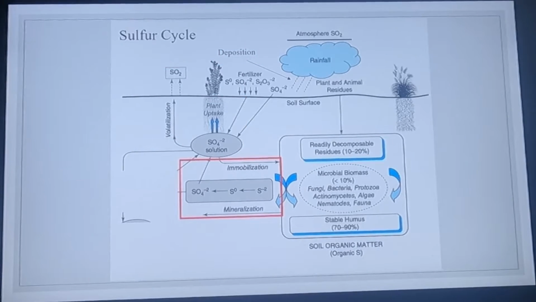Everyone good? Next, everyone's favorite, immobilization and mineralization. And this is the conversion of this sulfide to elemental sulfur. And elemental sulfur is one way that you can take your pH from alkaline, say pH 7.5 to 8, back down to about 6.